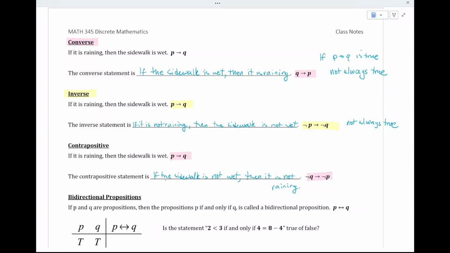So if the sidewalk is not wet, that means the sidewalk is dry, it's not raining. And is that always true? Yes, if P implies Q is true, then the contrapositive is always true. The sidewalk is dry, that means it's not raining. It can't be raining and the sidewalk be dry. That can't happen.